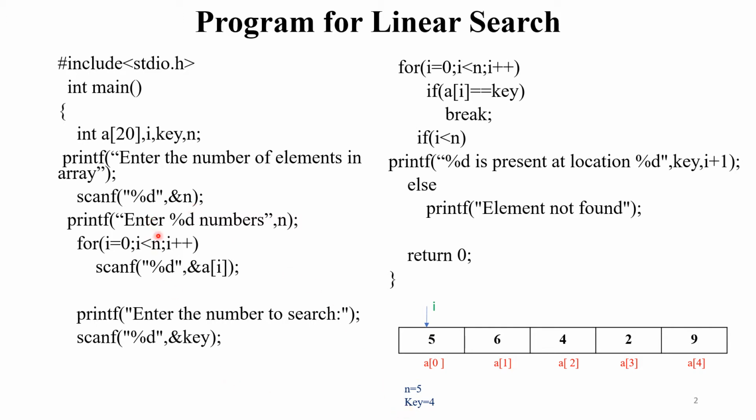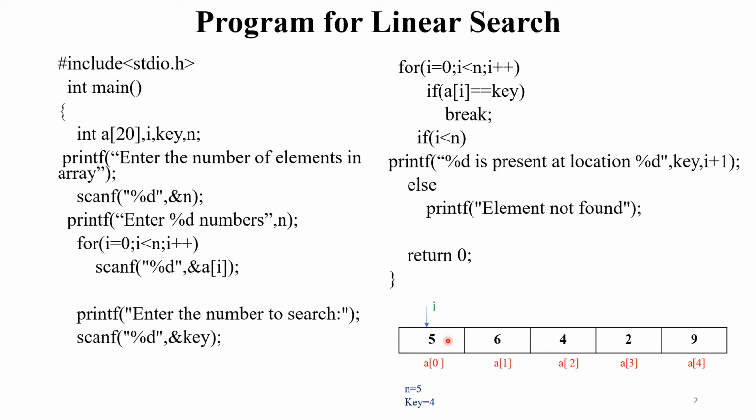Next is printf, enter %d numbers, comma n. So here n is 5, so the output is enter 5 numbers. So here for i is equal to 0, i less than n, i plus plus, scanf %d, address of a of i. So here the value of i is 0, which means we first insert a value in the 0th index.